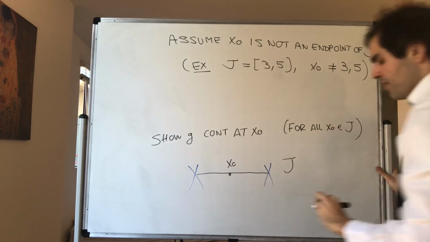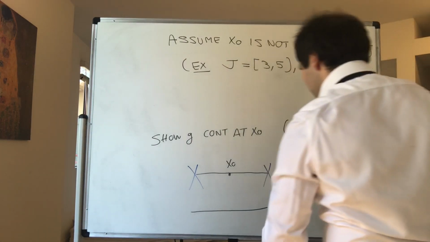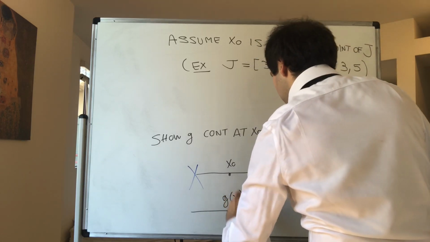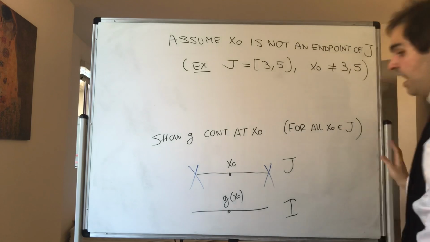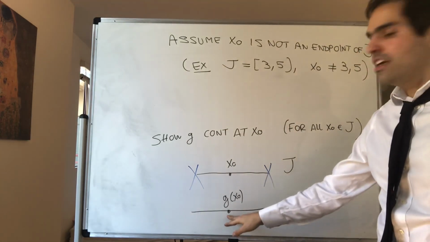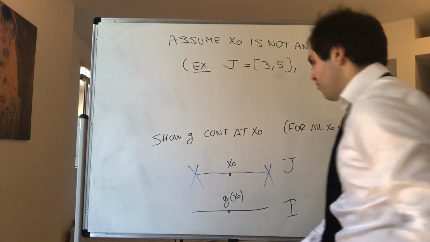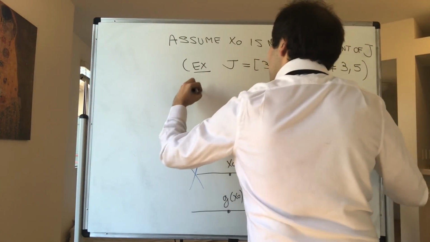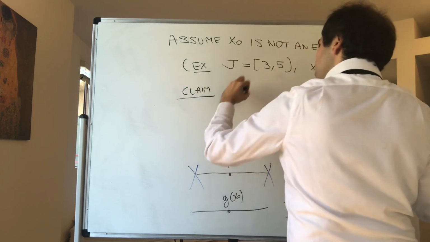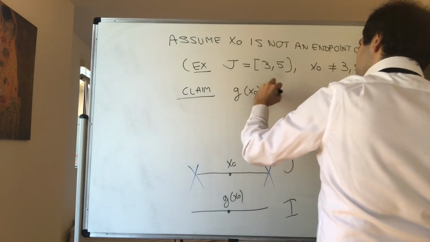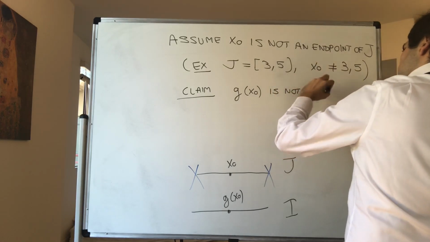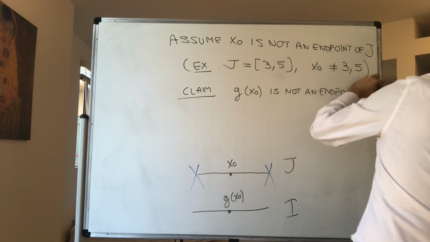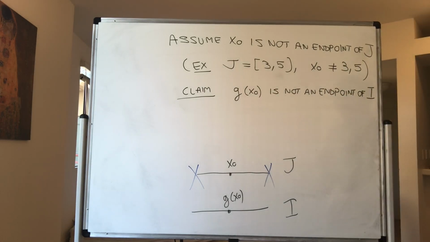Here's what I'm claiming. You have x naught, and you can apply g to it to get g of x naught, some point in I, and I'm claiming that g of x naught is also not an endpoint of I. So claim: g of x naught is not an endpoint of I. And why is that?